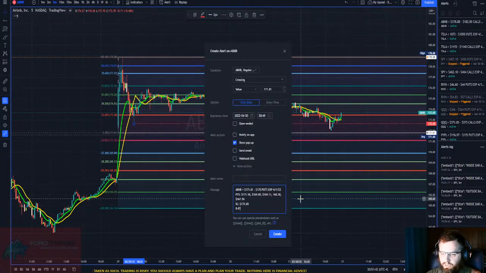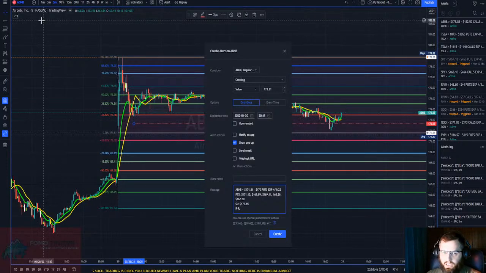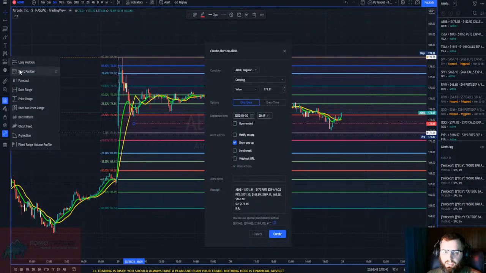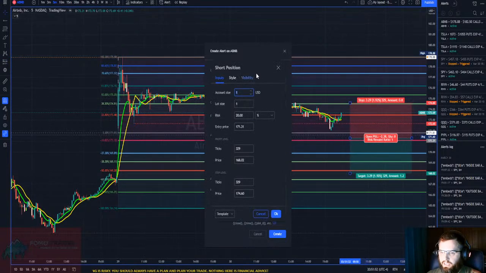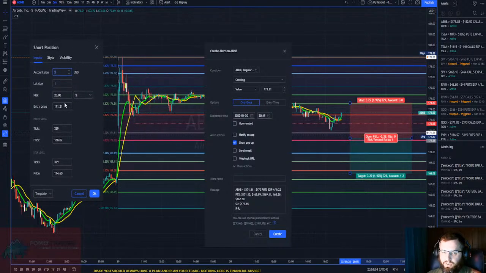And our risk to reward on this trade, we go ahead and plot this out. We do a downside short position. So we enter on a break of 171.81. Our final price target is 167.50.